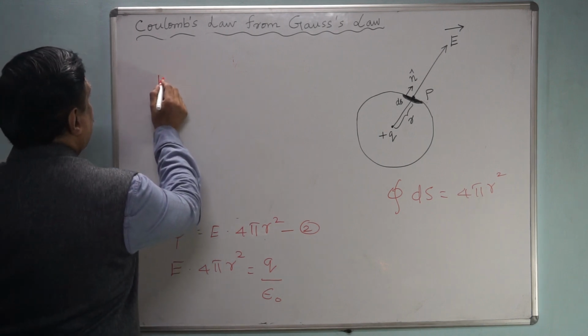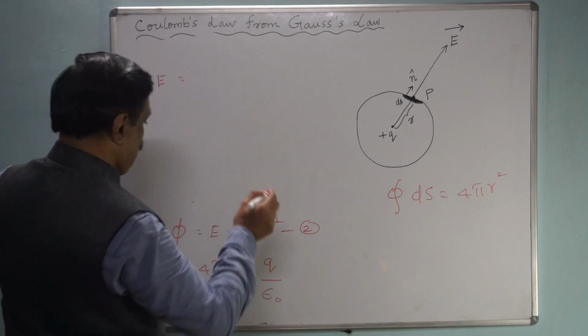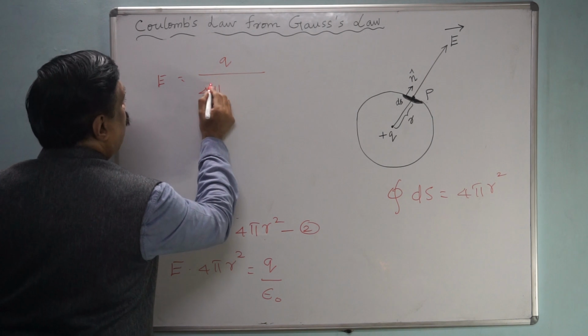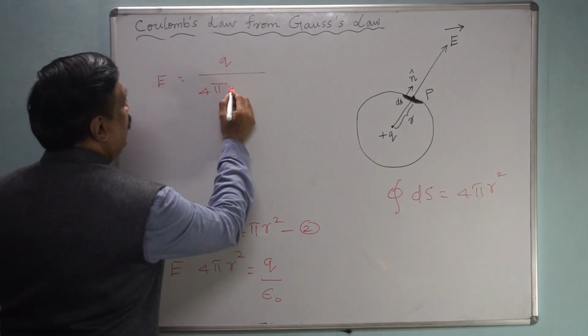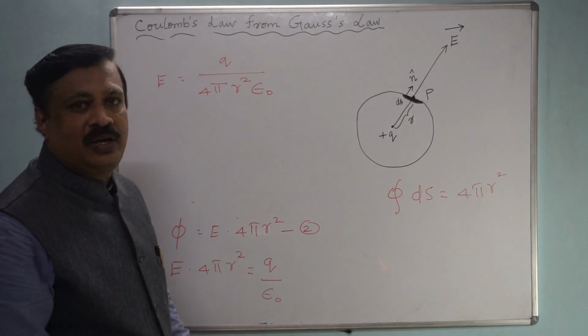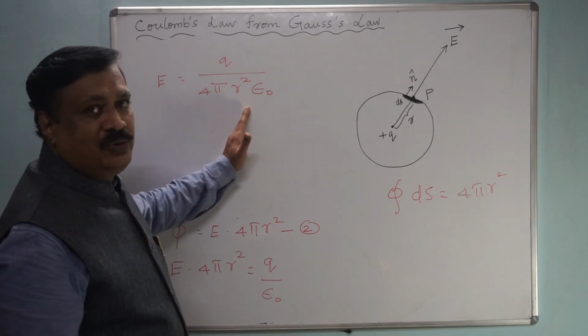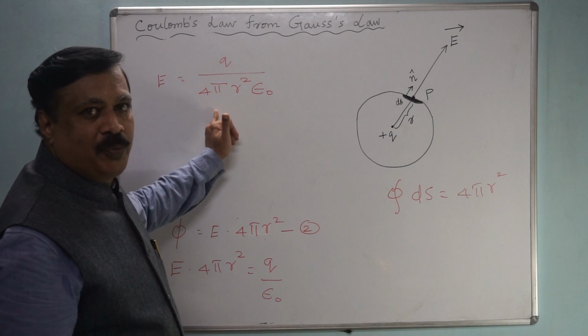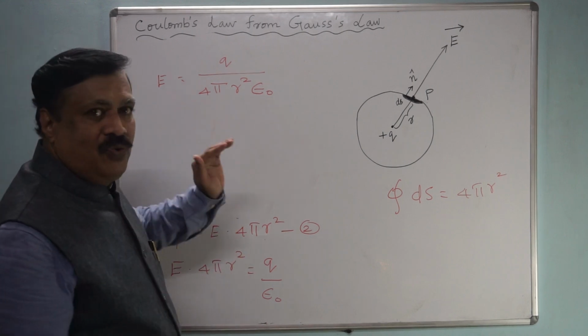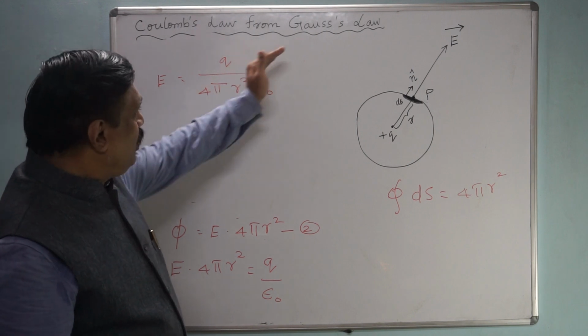Therefore, E equals Q divided by 4 pi r squared epsilon 0. That means electric field equals Q divided by 4 pi epsilon 0 r squared. Now we found the electric field from Gauss law.